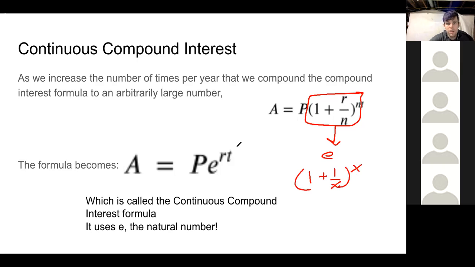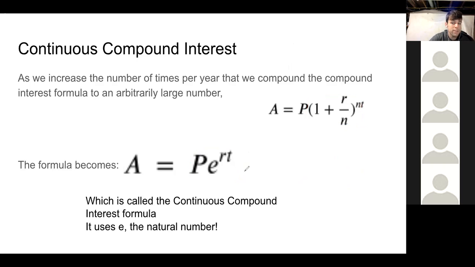So essentially this part turns into e, and we end up with this formula right here. Actually, it turns into e to the r, but that's a different situation. But yeah, so there we go. We get our formula for compound interest and our continuous compound interest involving e.